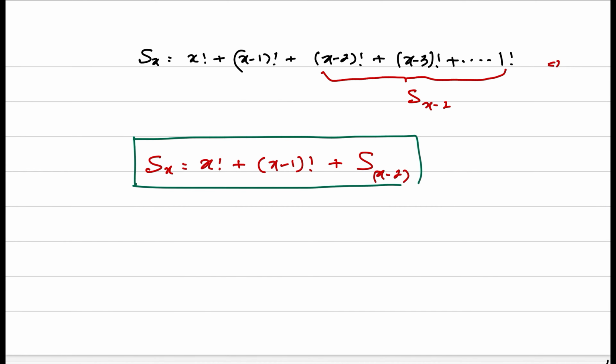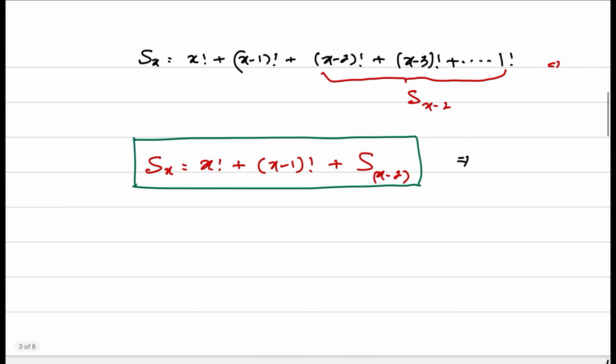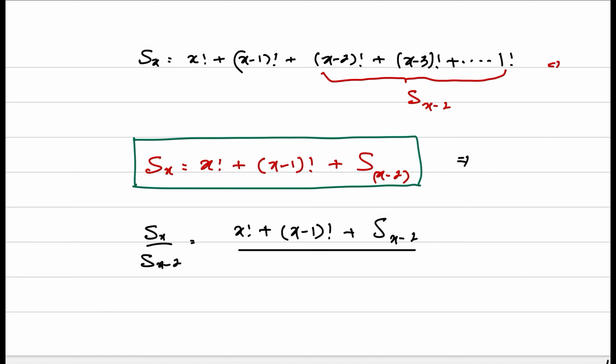This is the numerator, this is the denominator. That implies the given question is Sx by Sx minus 2 is equal to factorial x plus factorial x minus 1 plus Sx minus 2, whole divided by Sx minus 2. Can we write like this?